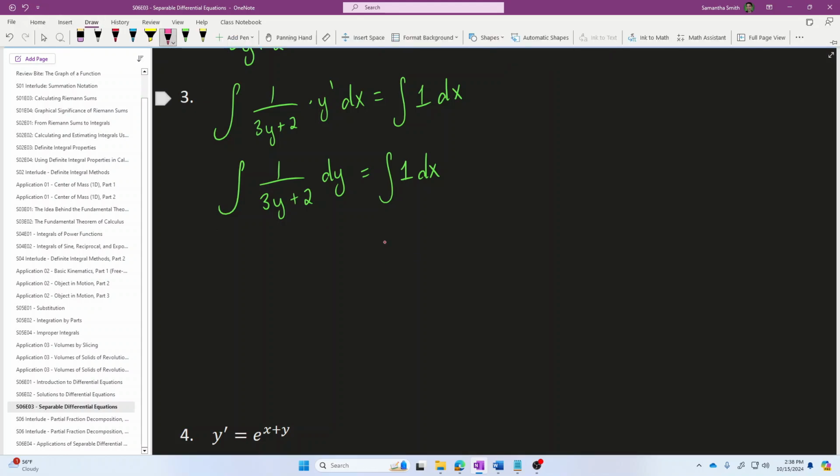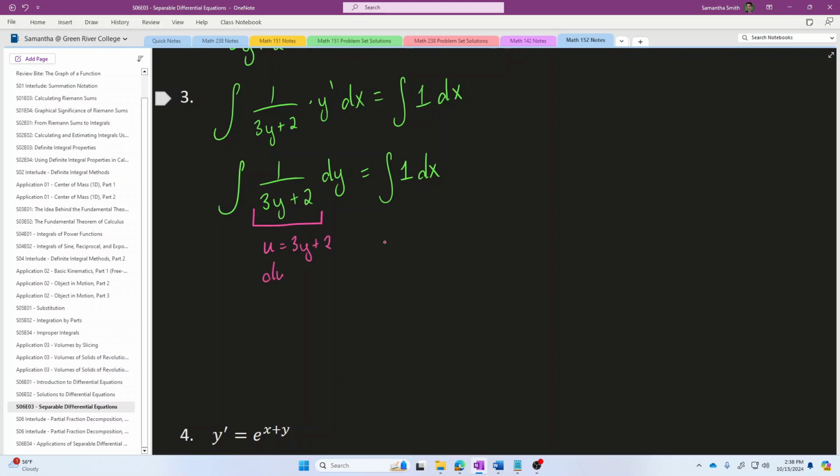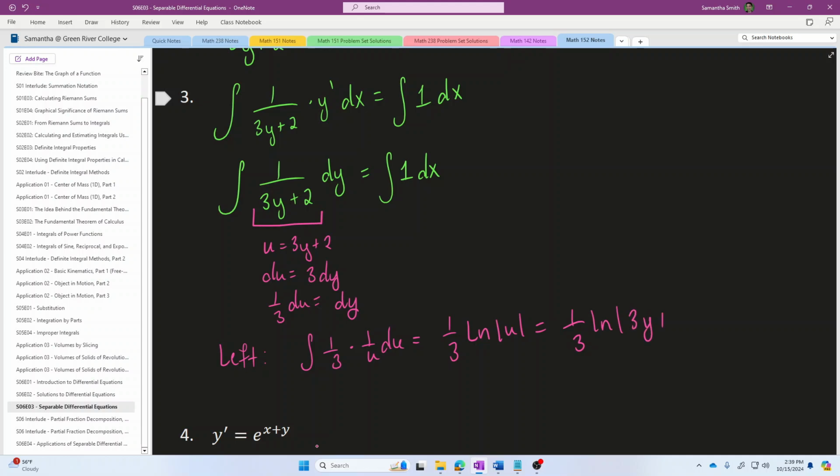I can integrate this expression on the left using a u substitution. And this integral on the right-hand side is very straightforward. The left side will give me the integral of 1/3 times 1 over u du, which becomes 1/3 natural log of u, which is equivalent to 1/3 natural log 3y plus 2.